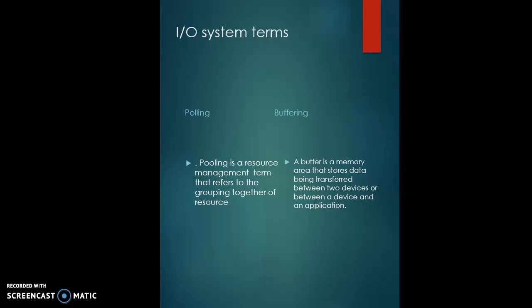We have a buffer, which is a memory area that stores data being transferred between two devices, or between a device and an application. In a buffer, data is stored for a short period of time.